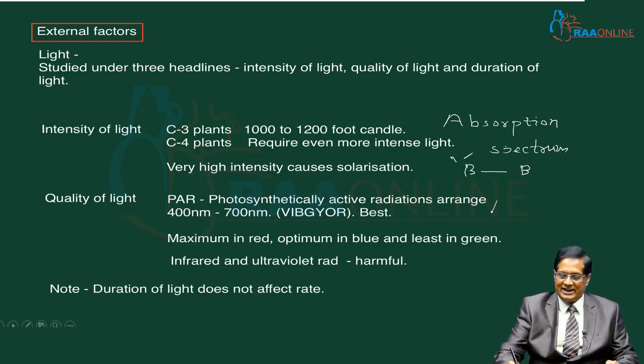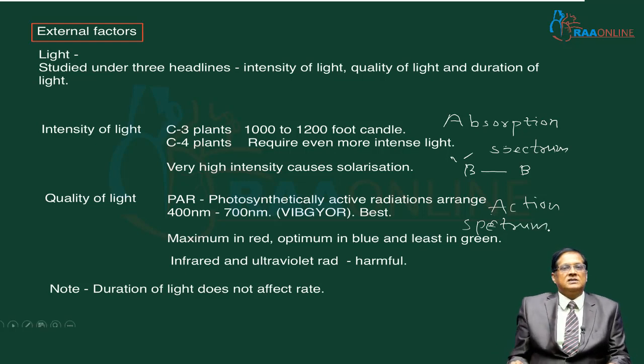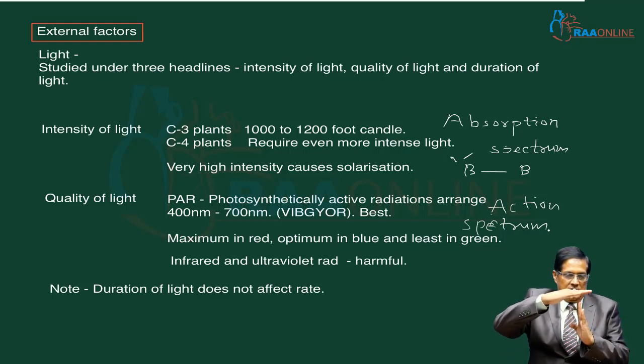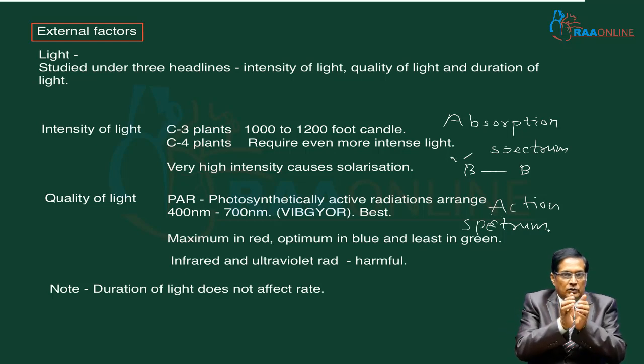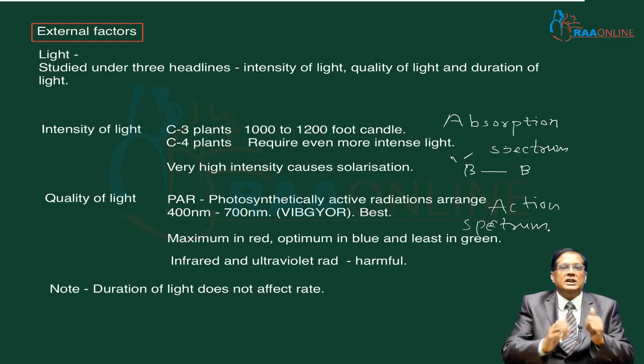But as far as action spectrum is concerned, in action spectrum actually output is seen, and in photosynthesis output is evolution of oxygen. So we see what amount of oxygen is released by the plant.